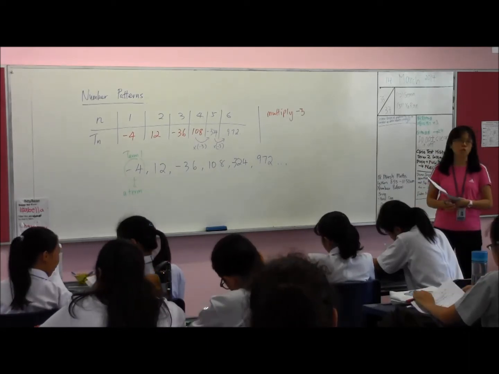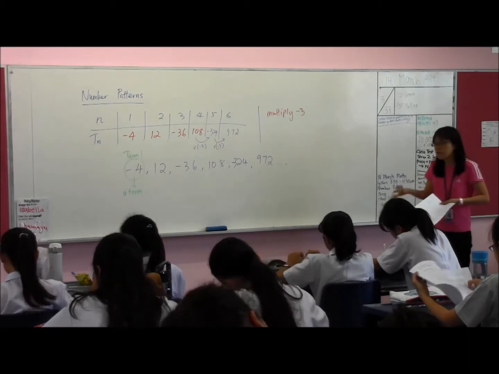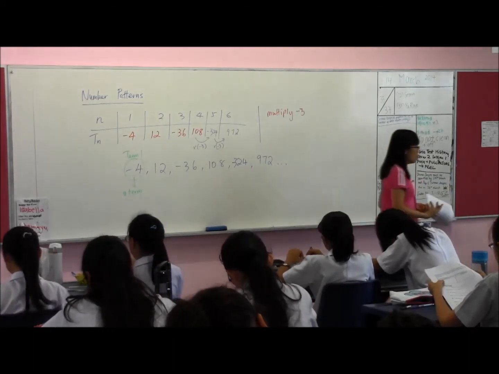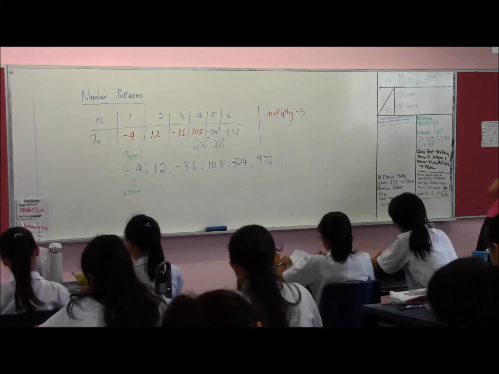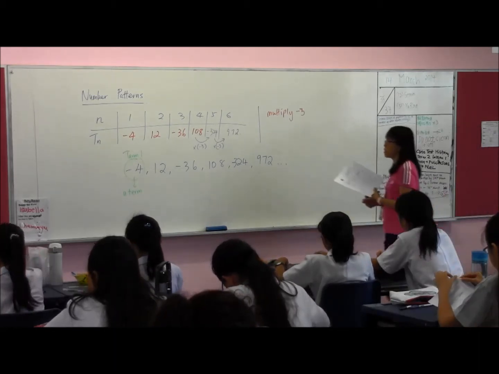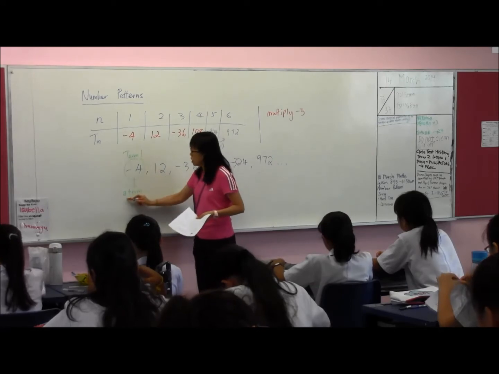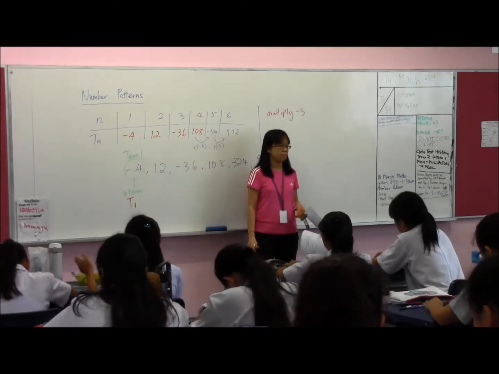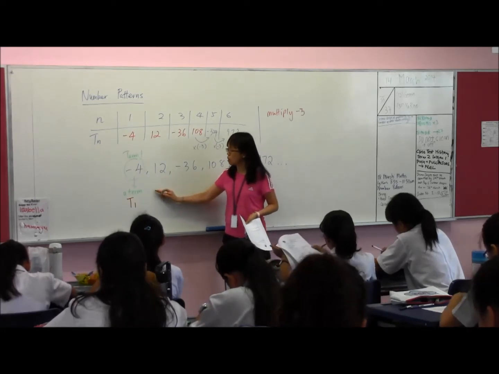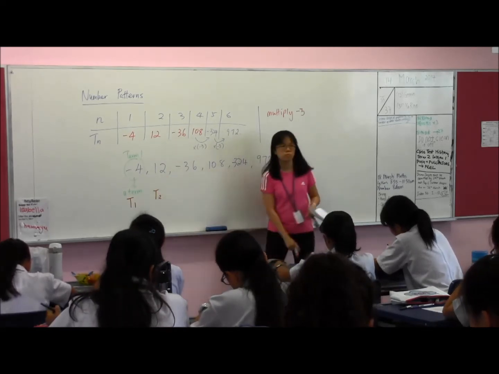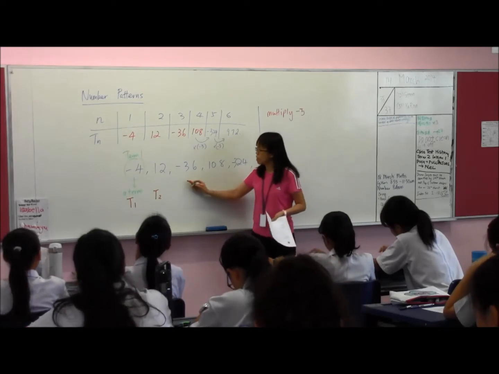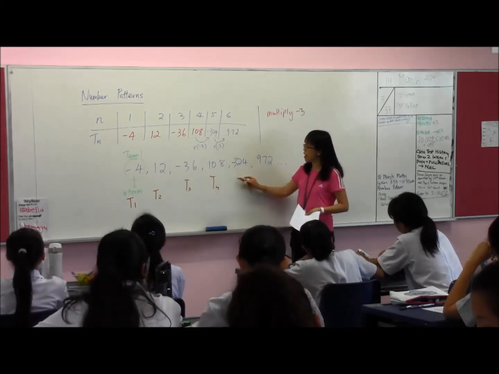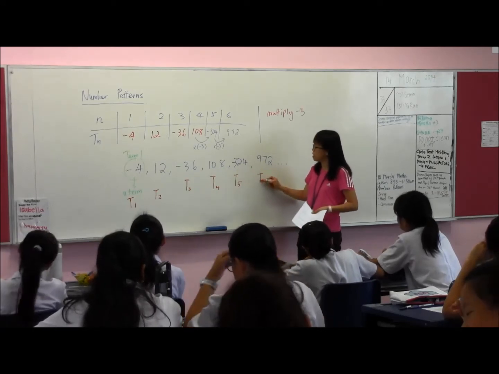And to have an easier representation, rather than keep saying term, we use a representation called T. So this is your T1, because it's your term 1. This is your term 2, so this is called your T2. And this is your term number 3, this is your T3. Term 4, T4, term 5, T5, term 6, T6.